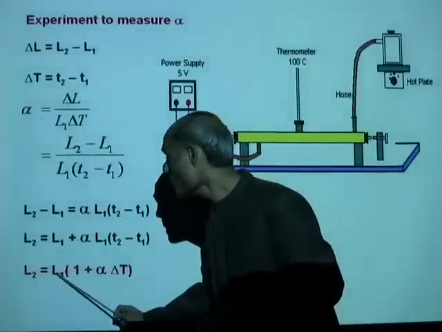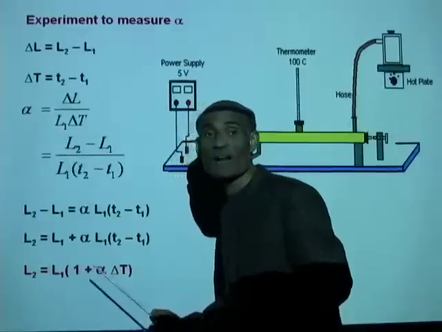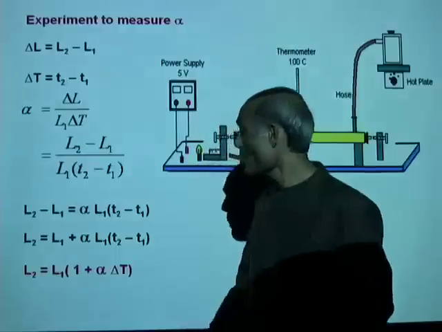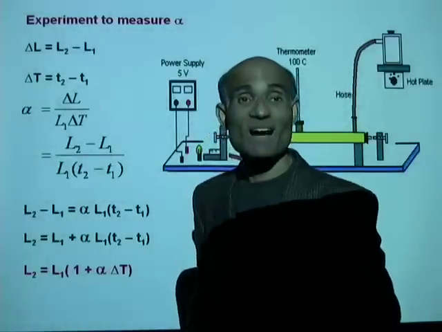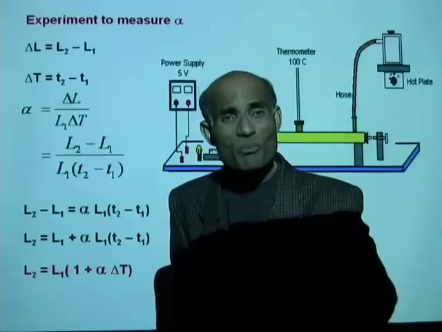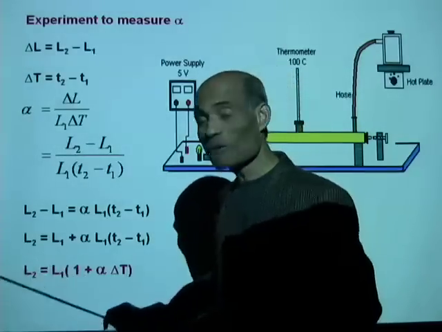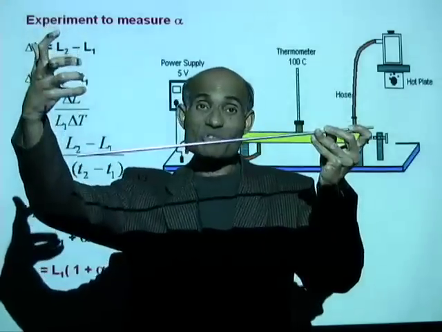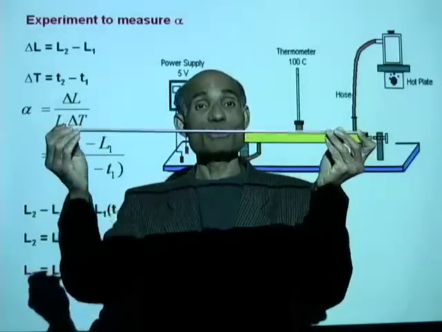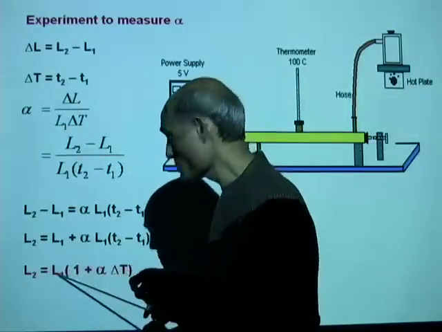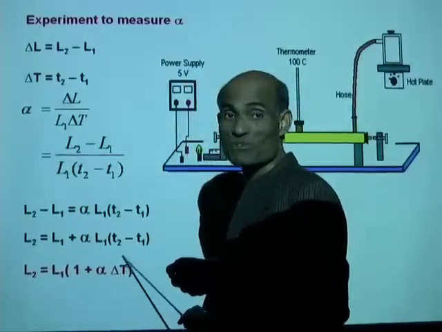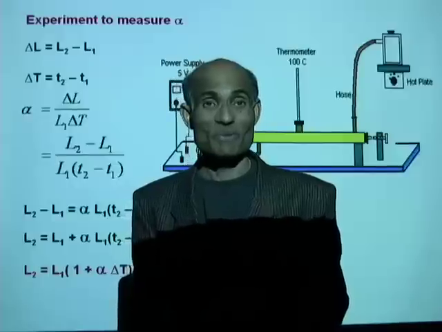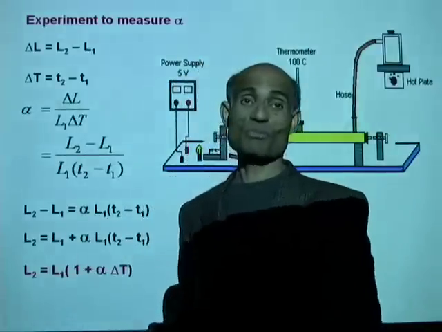That will be L1 times 1 plus alpha delta T. L2 equal to L1 times 1 plus alpha delta T. A very important equation which will help you to find the length of this rod at a higher temperature if you know the original length at T1 degrees Celsius, the change in temperature, and the coefficient of linear expansion. We will use that to solve problems.